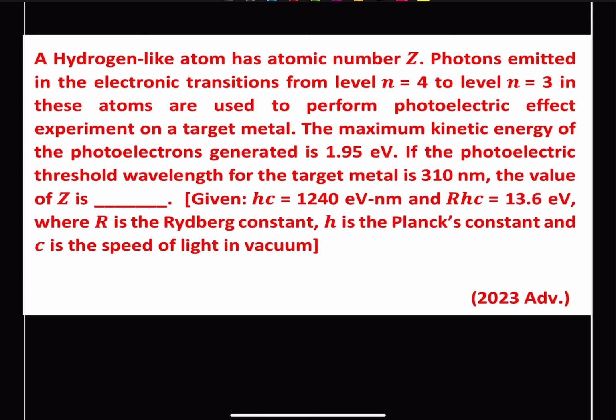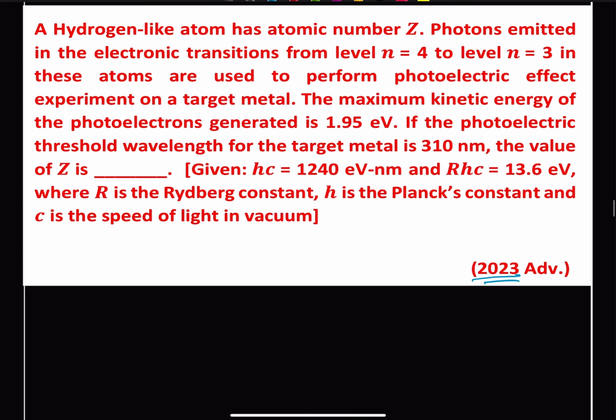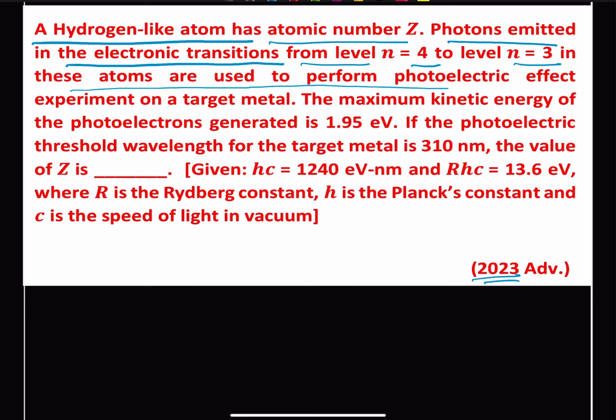It was asked in the year 2023, and it states that a hydrogen-like atom has an atomic number Z. Photons emitted in the electronic transition from level 4 to level 3 in these atoms are used to perform a photoelectric effect experiment on a target metal. The maximum kinetic energy of the photoelectron generated is 1.95 electron volt.